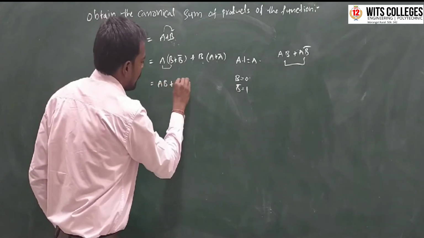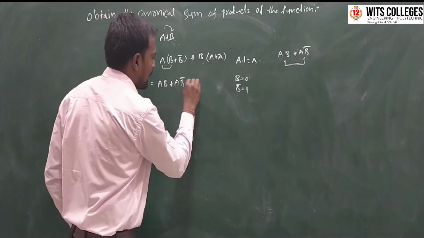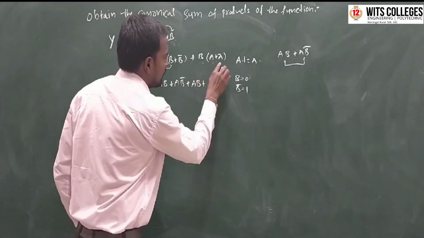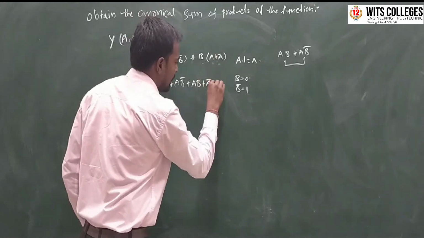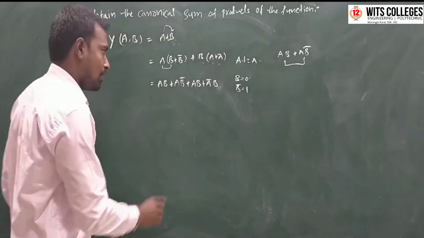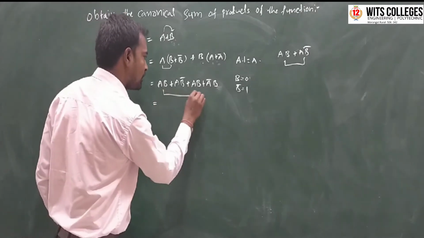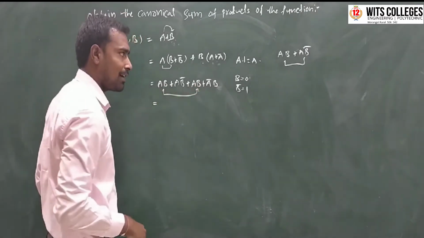So we will get a into b plus a into b bar, and b into a plus b into a bar, that is a bar into b. So this is the actual output, and here a into b is common.